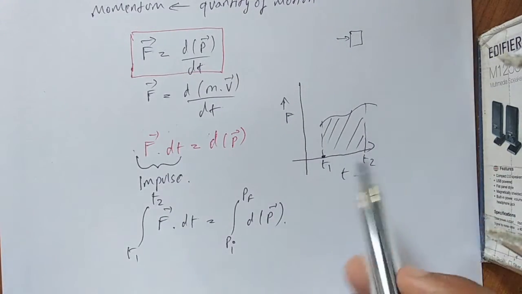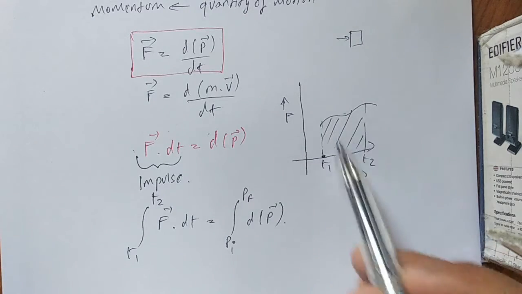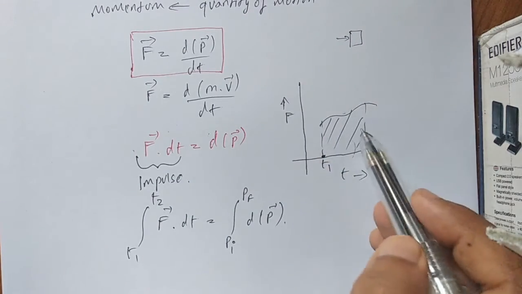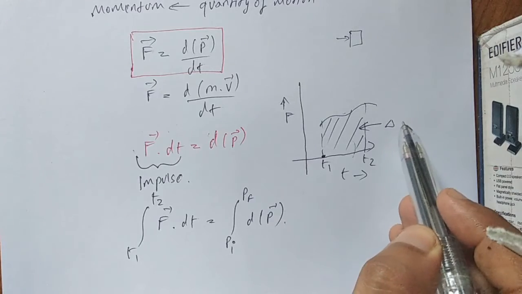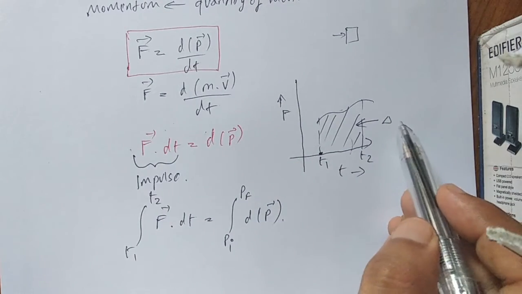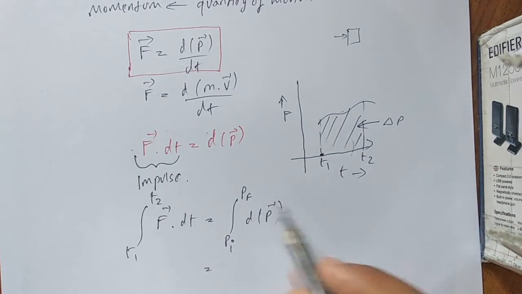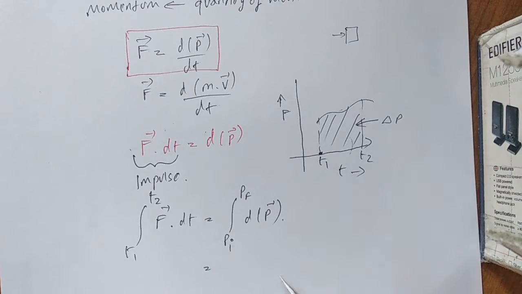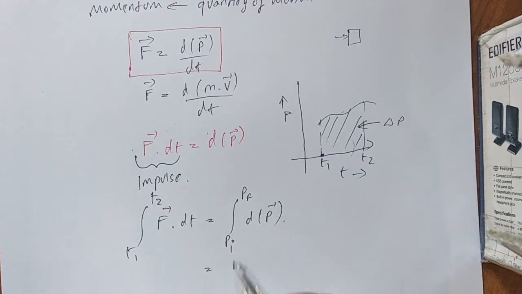You can see this area under this curve is the product, and this is nothing but the change in momentum. If you evaluate this side, then you can easily see that this is nothing but p final minus p initial, and this side is the impulse.